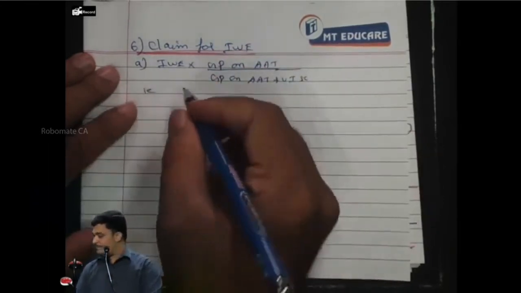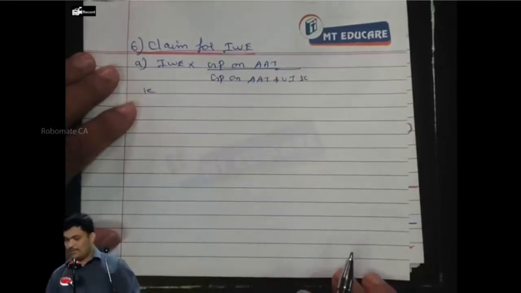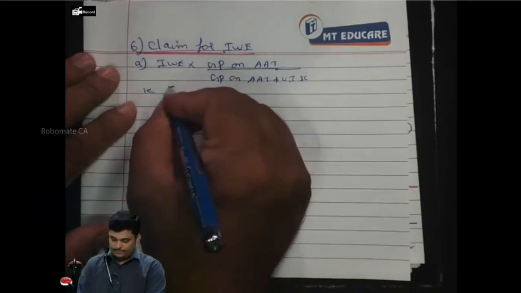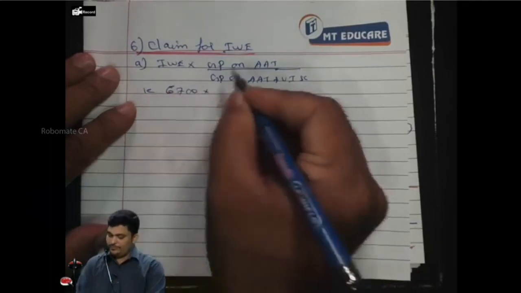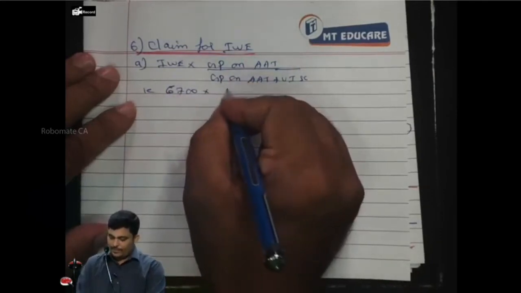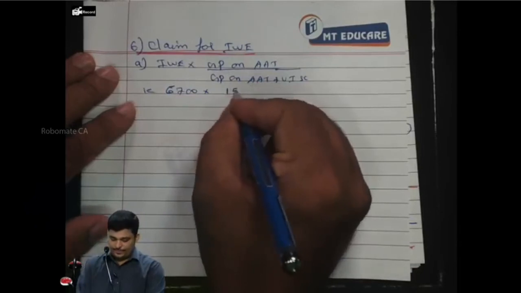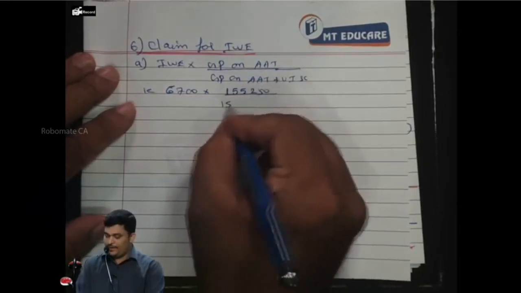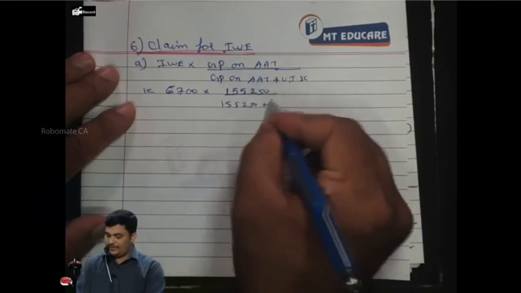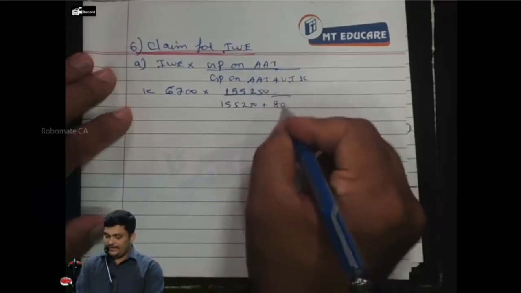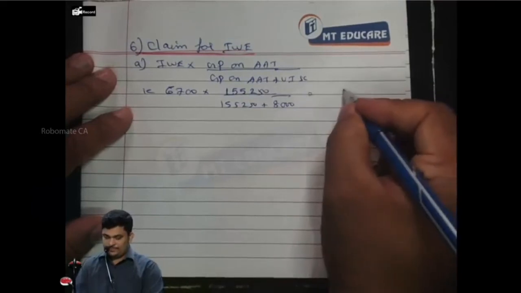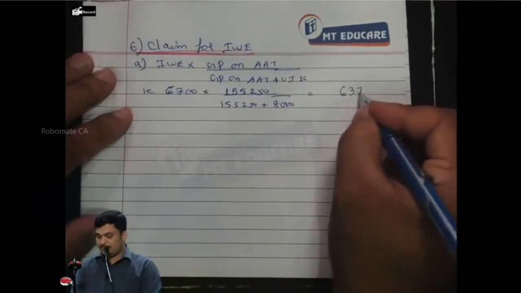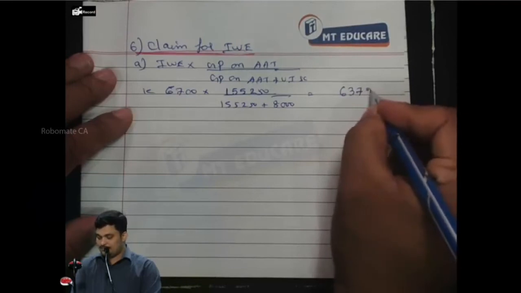That is, what is the amount spent? 6,000 into 1,55,000 divided by 1,55,250, which is 6,370.